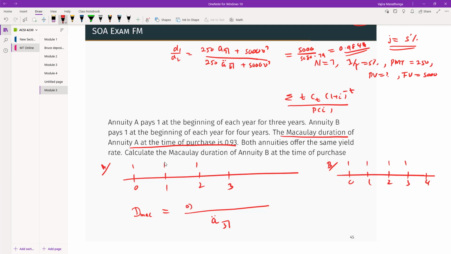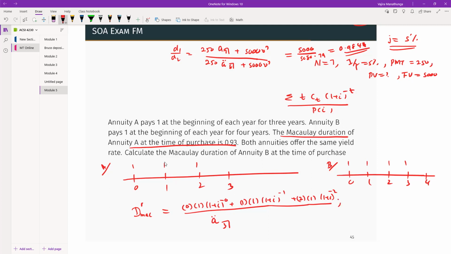The top part: 0 times 1 times (1 plus i) to the negative 0, plus 1 times 1 times (1 plus i) to the negative 1, plus 2 times 1 times (1 plus i) to the negative 2.